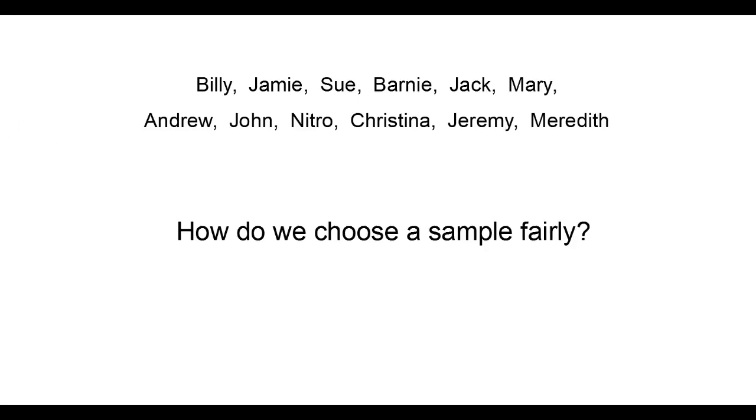Here's the idea. Imagine you have Billy, Jamie, Sue, Barney, Jack, Mary, Andrew, John, Nitro, Christina, Jeremy, and Meredith, and we need to randomly choose some of them. How do we do it fairly? Well, you could put all of their names into a big hat and take a simple random sample by drawing names out of the hat.